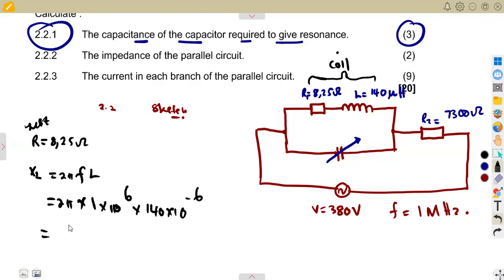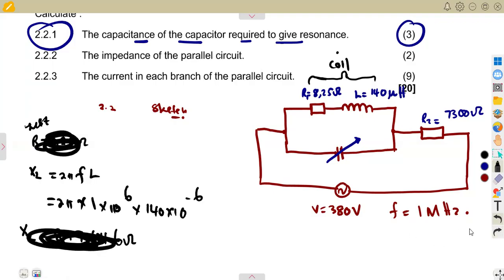If you simplify this, it gives us 879.646 ohms. Guys, we are doing electrical engineering. This reactance is almost a kilo ohm, very big compared to this 8.25. The 8.25 is very small compared to this reactance.